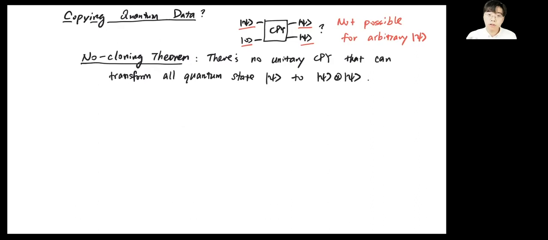There's no unitary that can transform all quantum states psi to two copies of psi, namely psi tensor product with psi.